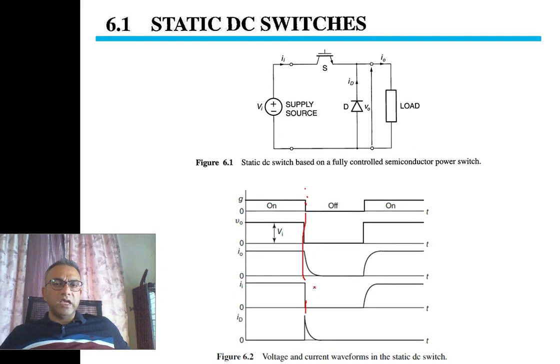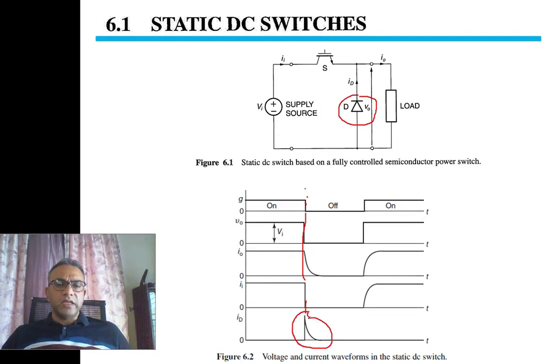The engineer will take care beforehand and have an alternate path available, and this alternate path is provided by our diode D. So this brings us to the fifth waveform, that is I D. I D represents the diode current, and this diode current will only flow momentarily for a very small period of time, and this diode current will be active when the switch S is turned off.